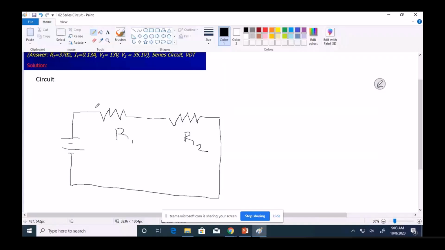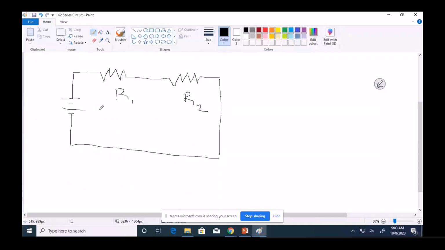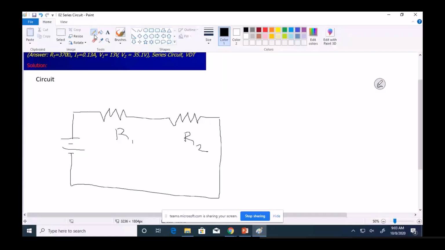And then instantly there's a current flow. This is the positive side of the battery. This is the total voltage. Then this is the current flow, the total current. This total current is flowing down the line to the negative.